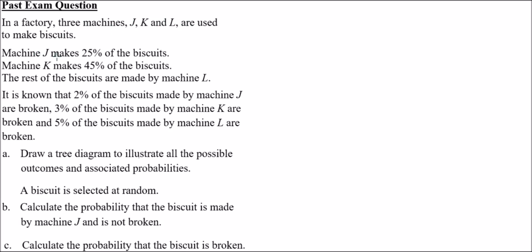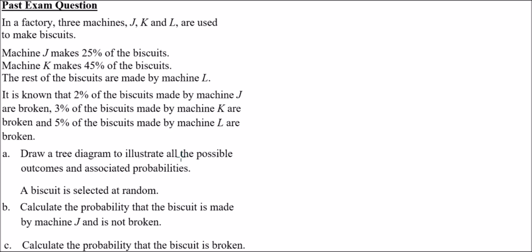So machine J makes 25% of them, K makes 45%, the rest are made by L. We're then told that all of J, K and L have a probability of breaking the biscuits. So we're told it's known that 2% made by J are broken, 3% of K's are broken, and 5% of L's are broken.